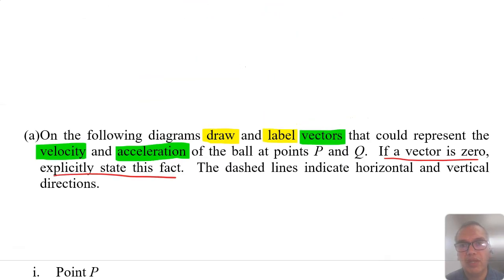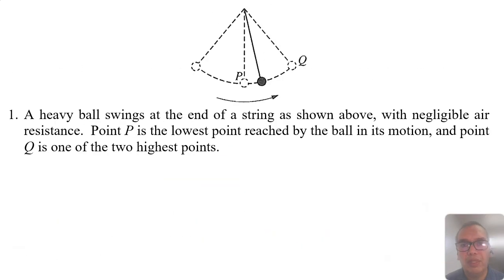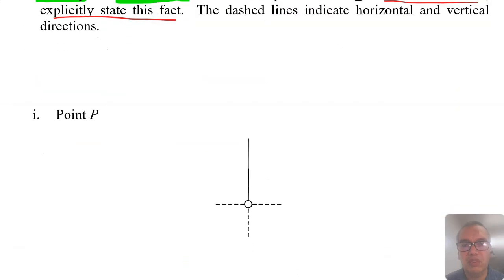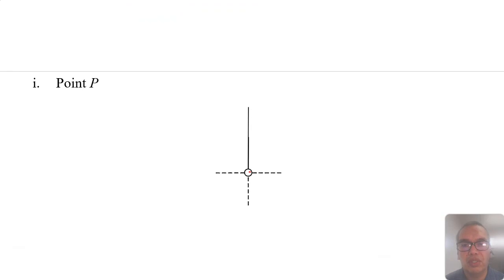So, if you look at the pendulum, at point P, you can see that this is the point where the ball is going to go fastest and it's moving directly to the right. So that's what you're expected to draw at this point. A horizontal vector, we are going to name it the velocity at P, and another thing that you might be aware of is that this is the maximum that you can have.